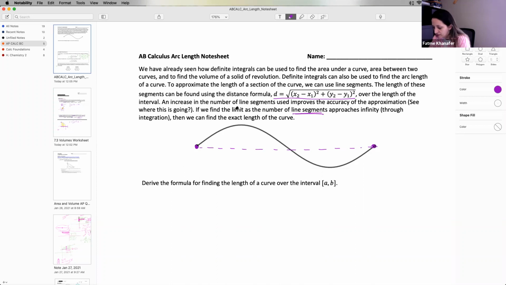So the idea is that if we increase the number of line segments from one point to the next, so if I increase the number of lines, all right, so if I have a line segment from this point to this point, and then another line segment from this point to this point, and so on.